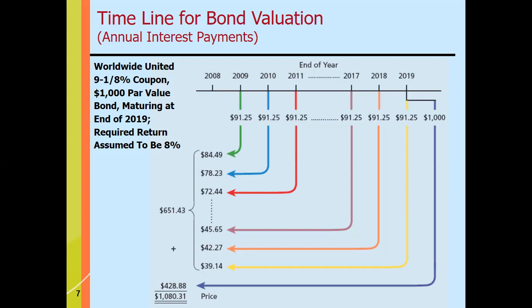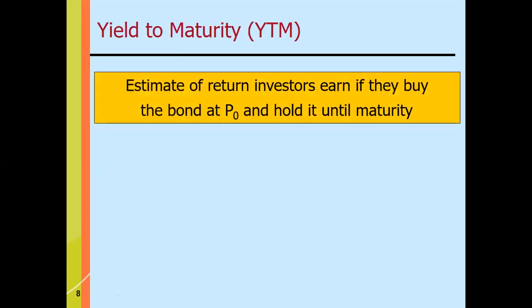So that would be 1 minus the quantity 1 plus 0.08, which is the rate, to the power of negative 11 all over 0.08. Okay, and we multiply that with 91.25, so we should be able to get 651.43. And then we add the two, so we get $1,080.31.